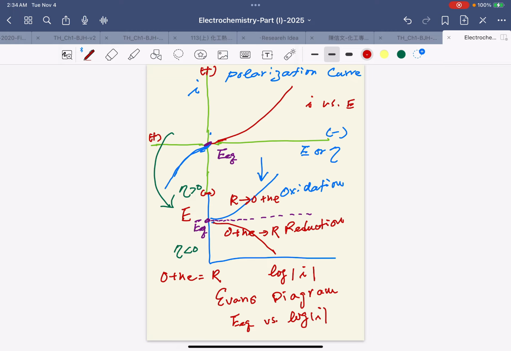If this is a reversible reaction, then this potential we can call the equilibrium potential. But later we will give some examples where the oxidation is not the reverse of the reduction reaction. Then we cannot call it the equilibrium potential. That we will introduce later.